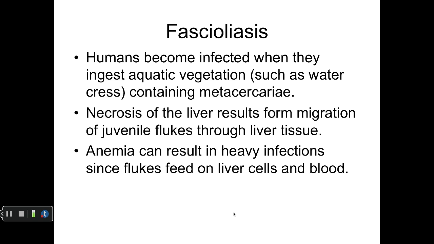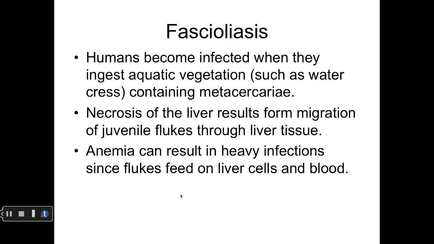People with this infection, their pathology varies depending on how many metacercaria they swallow. If there are enough juveniles migrating, you can get some pretty significant damage to the liver and some necrosis or tissue death and some tissue scarring, fibrosis.